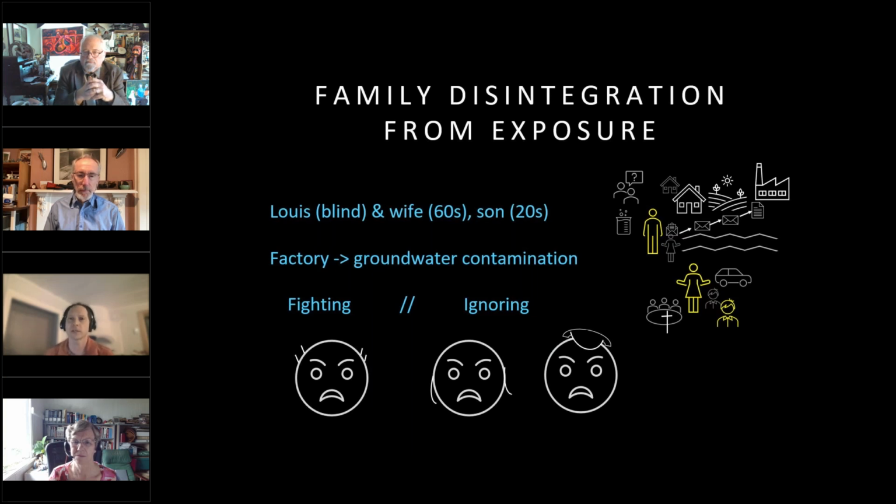I'm curious if you could speak a little bit to what happens when you see the same incident or type of impacts being played out in multiple families in a small population, and how that plays into the psychosocial impacts at different scales.